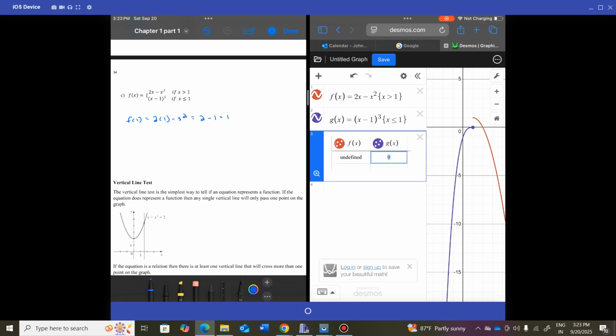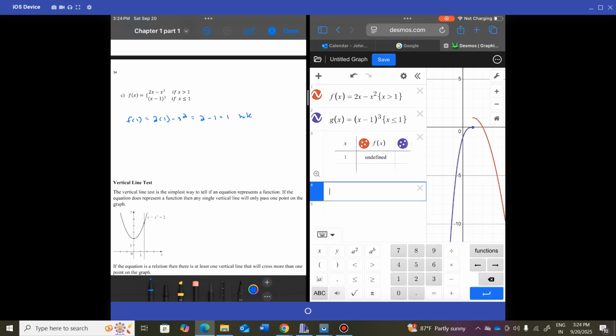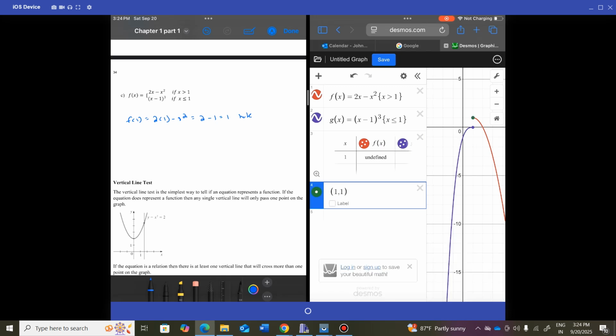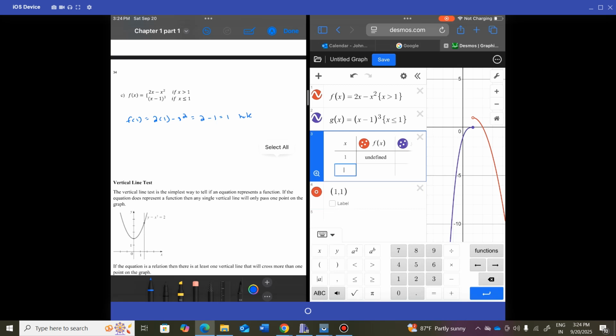Okay, and this is for the hole. So we'll put in that point, 1, 1, and then make it a hole. Okay. And then we can plug in some other points just to get points on the graph too.